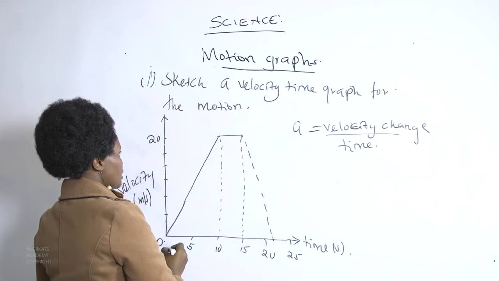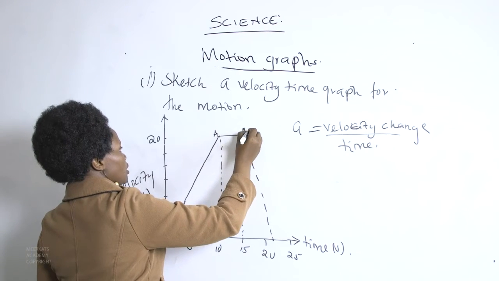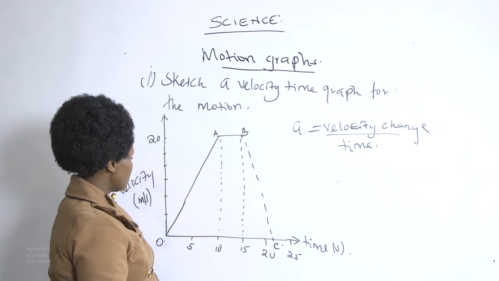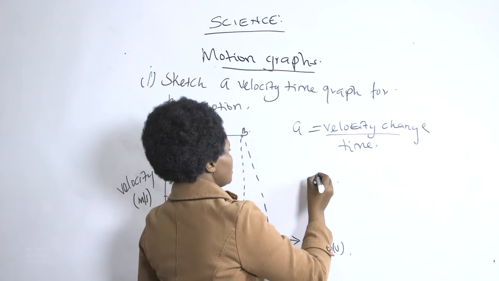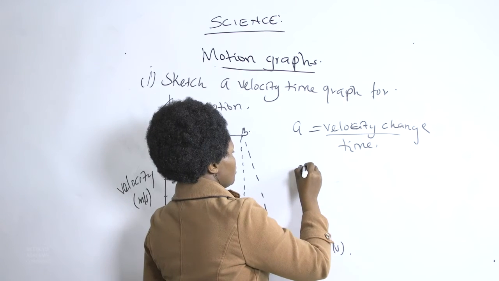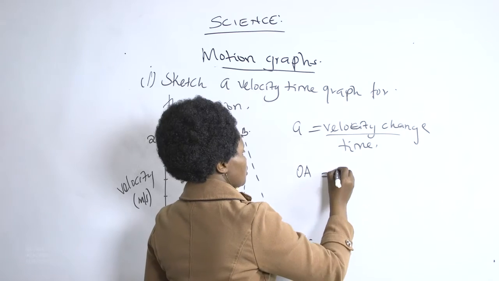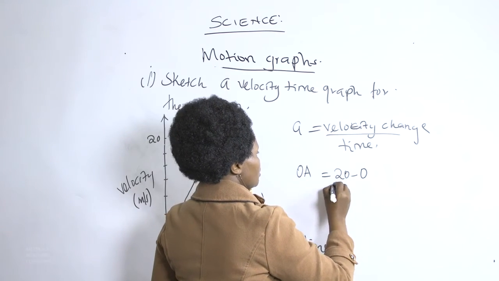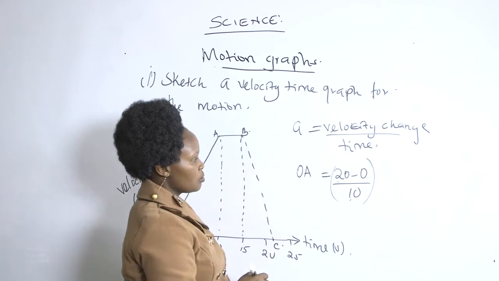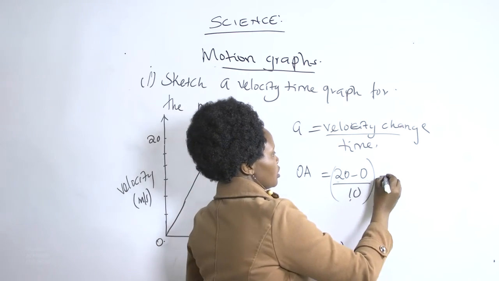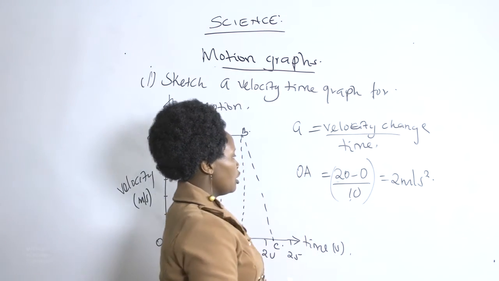For the first part, let us call this part A, this is B, and this is C. The velocity changes from 0 to 20. Therefore, for part OA, acceleration will be given by 20 minus 0 over the time taken, which is 10 seconds, and this gives us 2 meters per second squared.